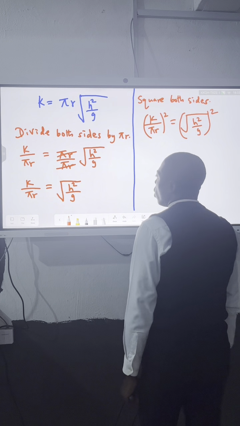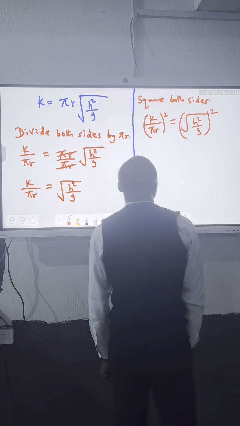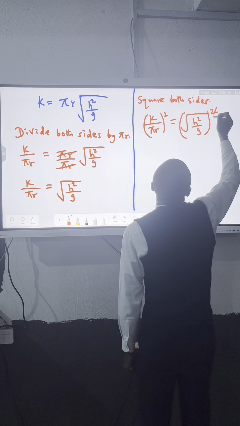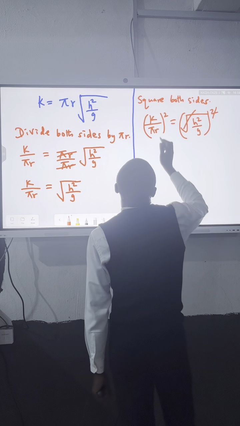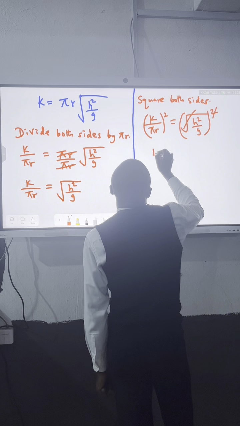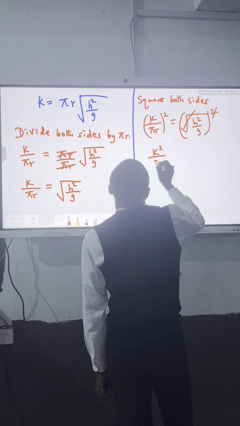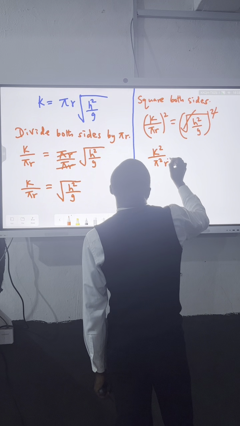Okay, so we're making progress. So the square and square root cancel for you, and then at the left hand side here you can have it as K square over pi square R square.